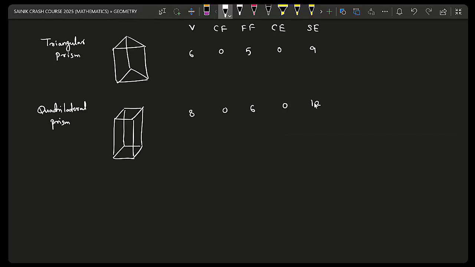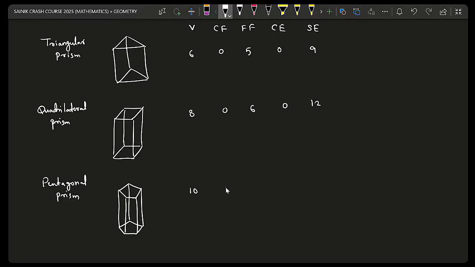And similarly, we can go for the pentagonal prism also. Let's take that. That means the base has 5 different sides. Let's say this is a pentagonal base. The top is also in pentagonal shape like this, and the vertices are connected like this. So this is a pentagonal prism. Number of vertices: top 5, bottom 5, total 10.